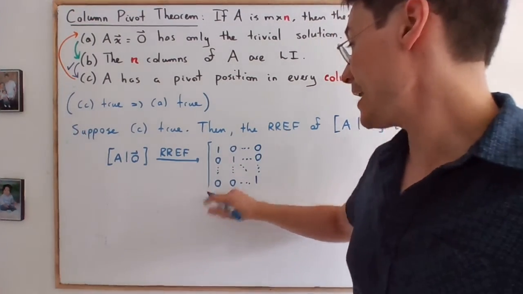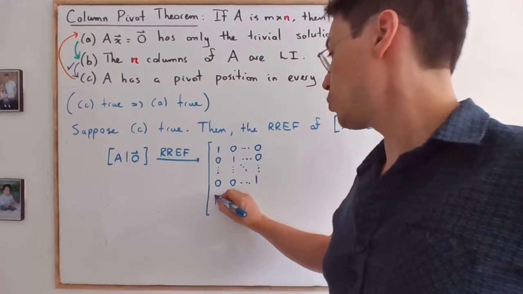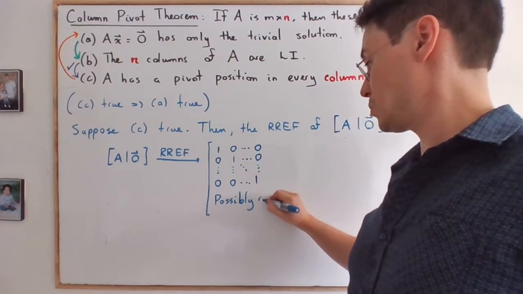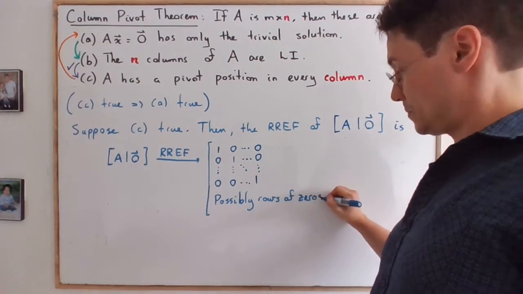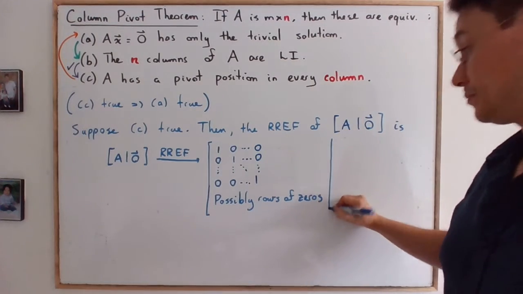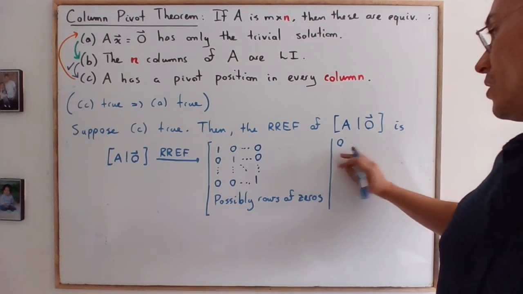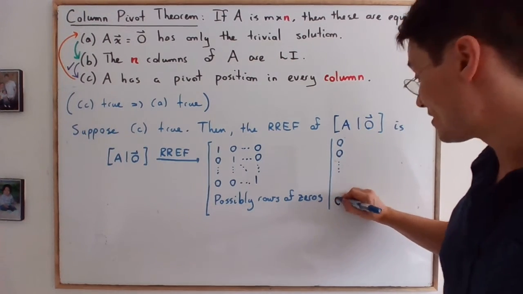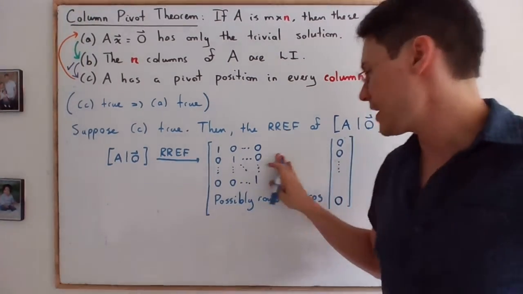And what we might have over here are rows of zeros, and then in the coefficient column, we have 0, 0, all the way down to 0. So that's how the system looks.